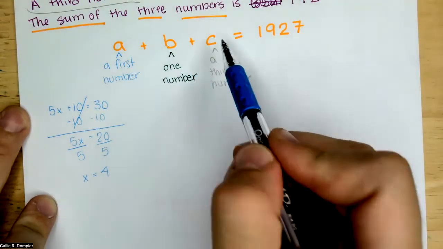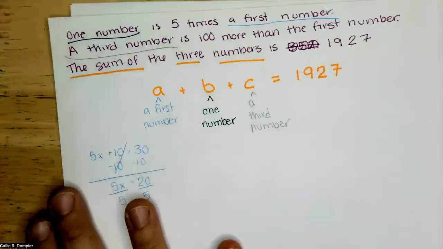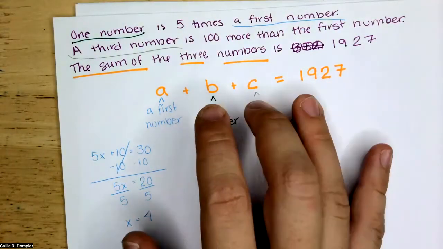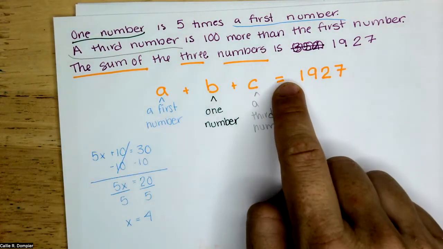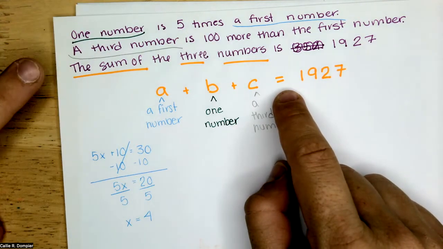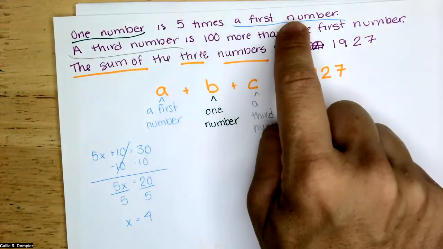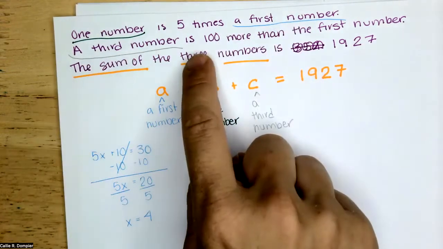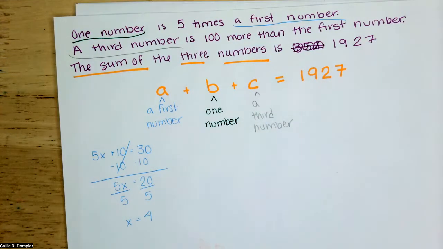Here, though, we have A, B, and C. So that is our problem. We need to take that A, B, and C and turn it into that same addition equation, but with only one letter instead of three letters. Okay, so one number is 5 times a first number. A third number is 100 more than the first number. The sum of the three numbers is 1927.